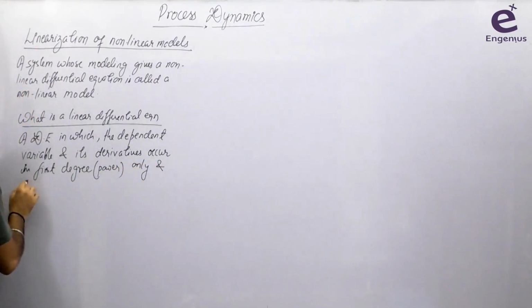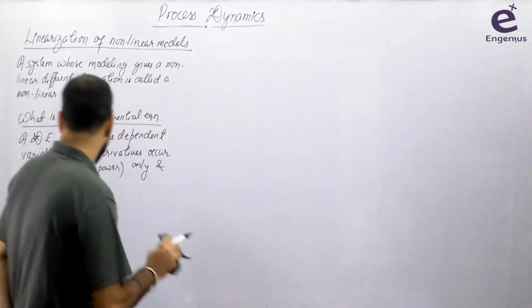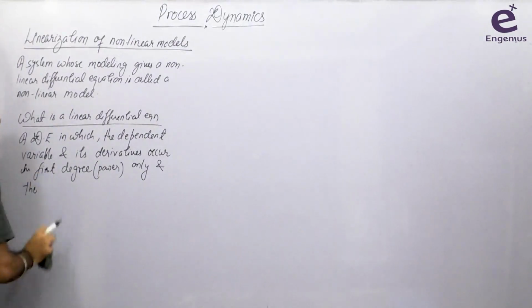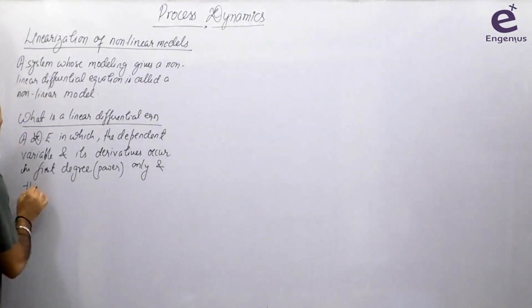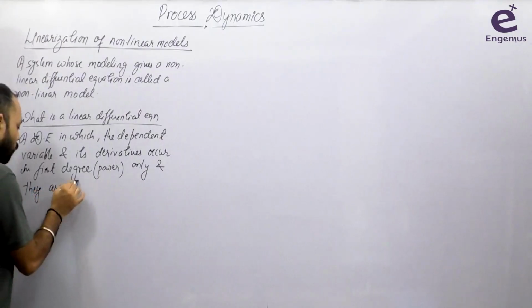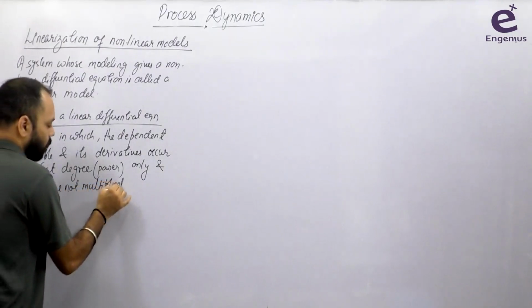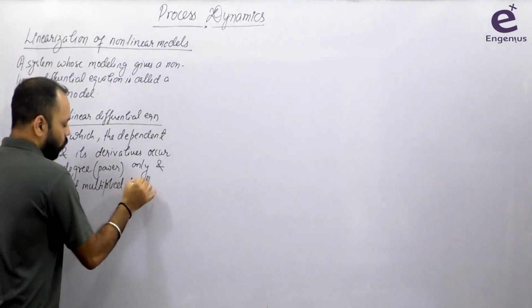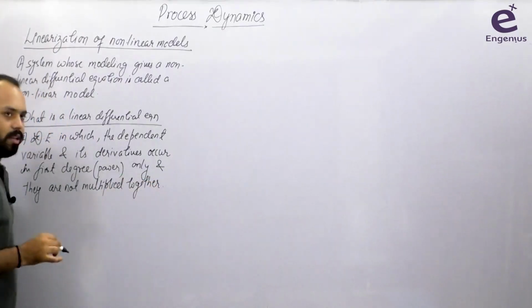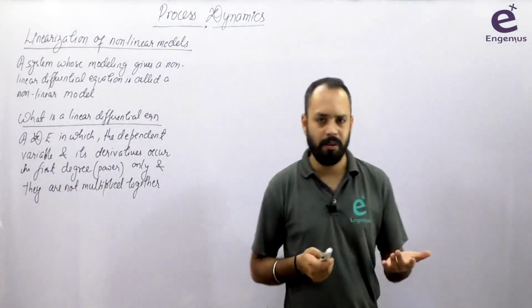And they are not multiplied together. डिफरेंशियल इक्वेशन में आपको पढ़ाऊंगा, मैं ही पढ़ाऊंगा, है ना. And they are not multiplied together. ठीक है, means you can say that a differential equation is linear only when, suppose I am saying the dependent variable will be y.